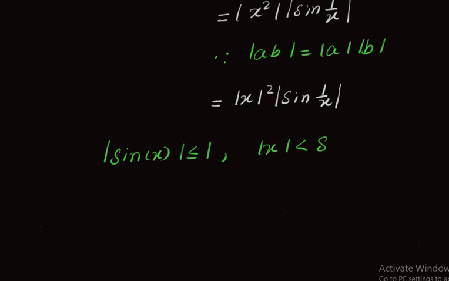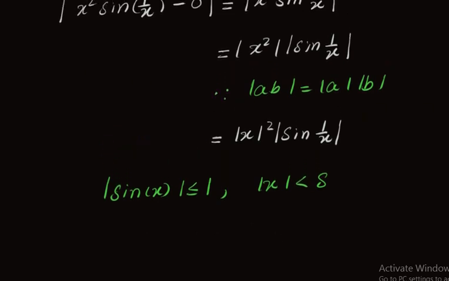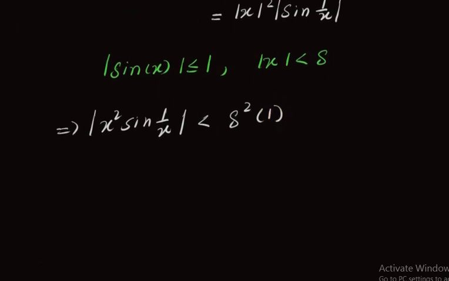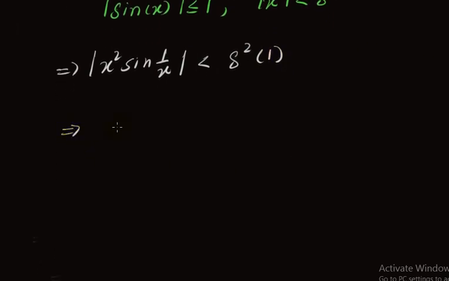Now by using these two relations we can write, which implies mod of x square sine 1 upon x is less than mod x square, and mod x square means delta square, as mod x is less than delta, and mod of sine 1 upon x is less than or equal to 1, which implies mod of x square sine 1 upon x is less than delta square.